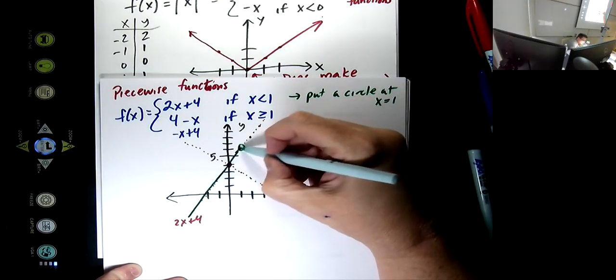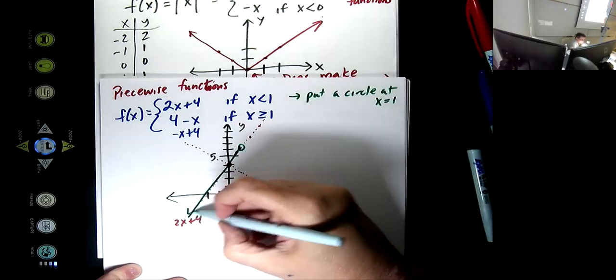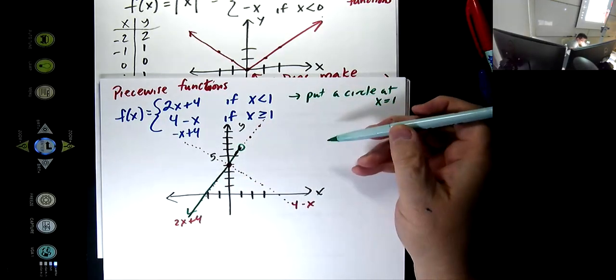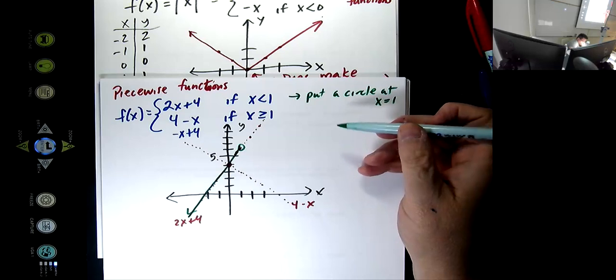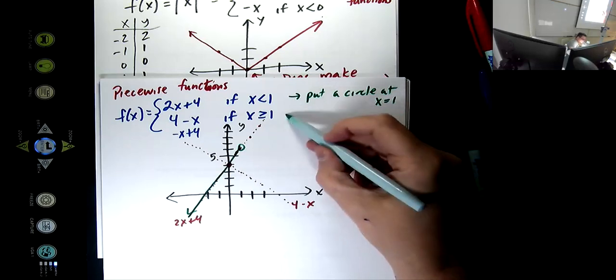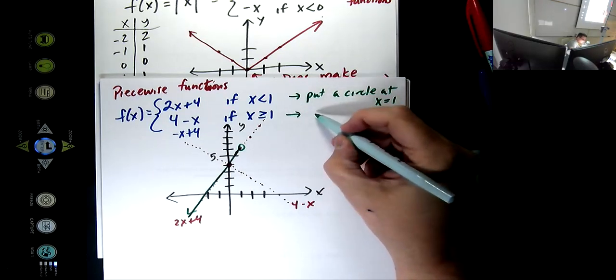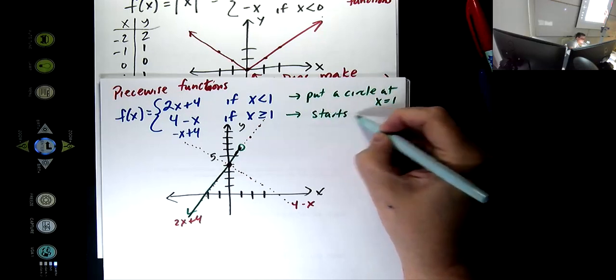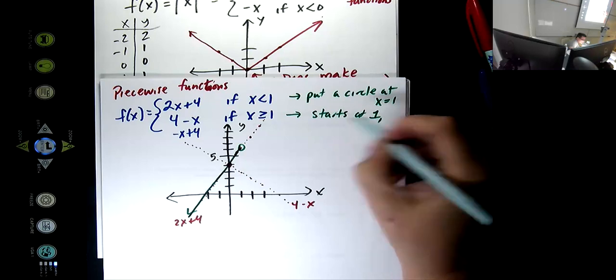So I'll have a circle like that. This line basically starts at 1, it's for 1 and larger. And it has the equal portion.